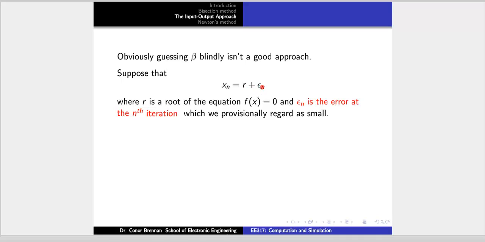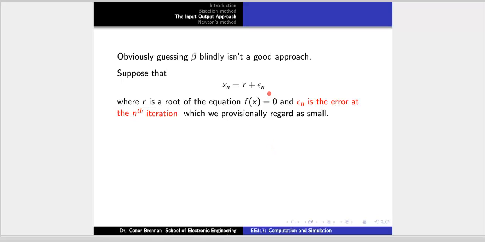And xn is equal to the root plus some error, epsilon n. We don't know what the root is, and we don't know what the error is. We don't know either of these, but we know the sum of them together is equal to xn. So we know what xn is, it's our present guess, and our present guess can be expressed as the actual answer we want, plus some error.